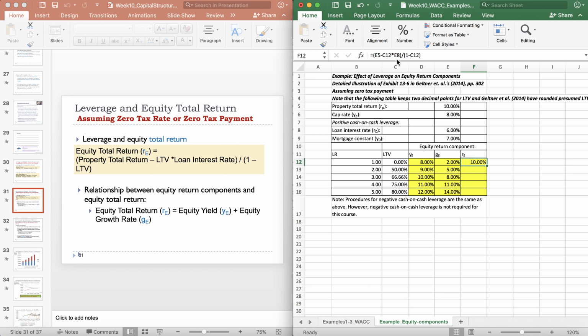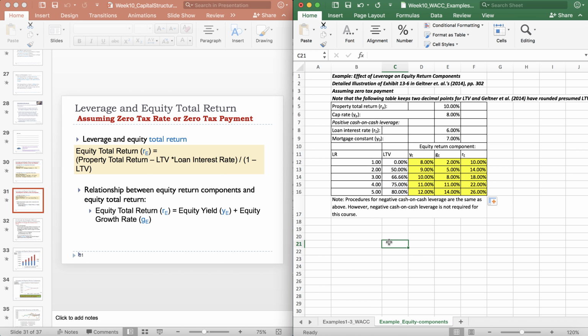Then we fix the cells that do not change so that we can replicate it. Property total return, we need to fix its location. Loan-to-value ratio will change. Loan interest rate will not change. So then we can pull down to get the answer for all other cells.